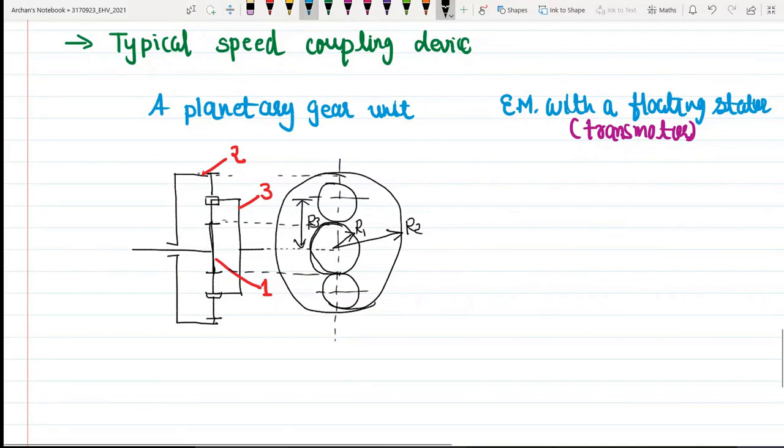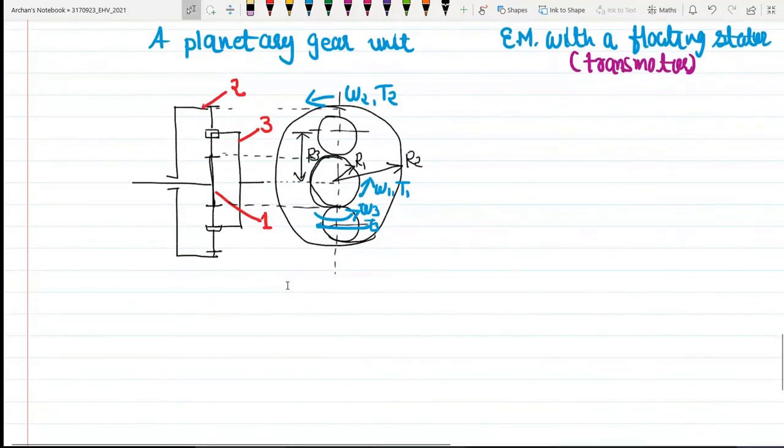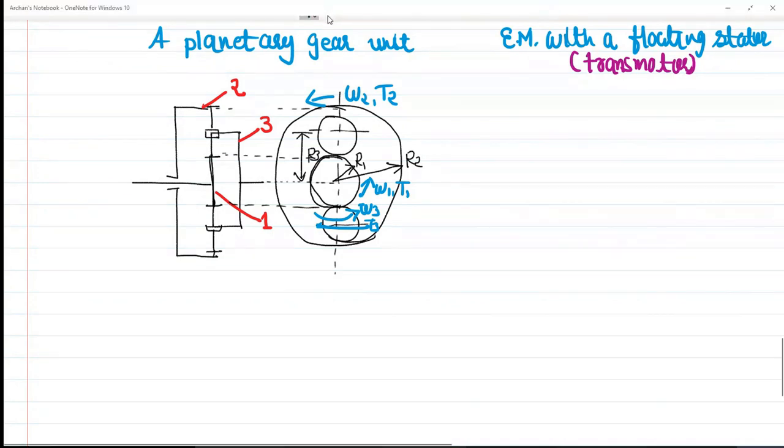Now the first unit: the speed being omega 1, torque production being T1. The second unit generates speed omega 2 and torque T2. And the third unit, omega 3, T3. These are my 3 different speeds generated by 3 different gear units. We are interested in the speed of unit 3, which is our output, so we are talking about omega 3.